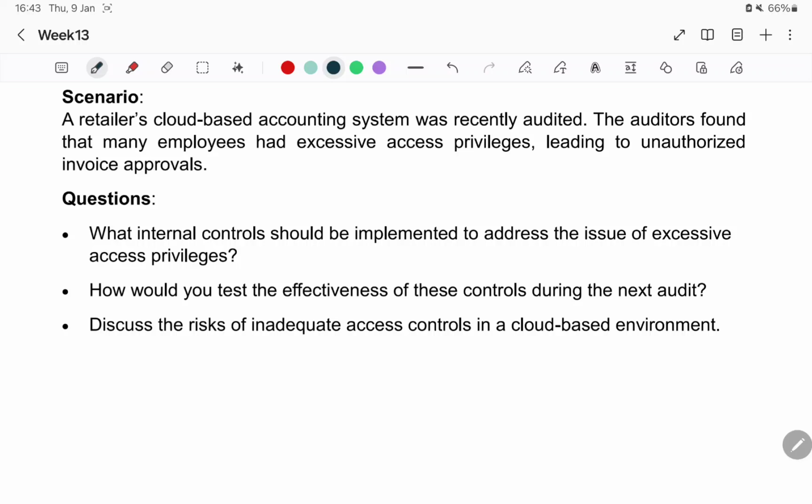This one is really clear. So, what internal controls should be implemented to address the issue of excessive access privilege?